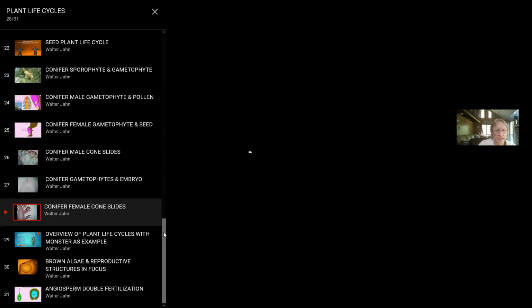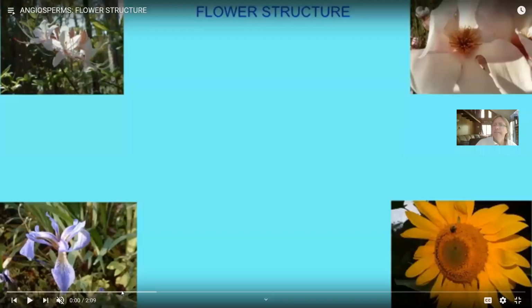The last plant to consider in this set are the angiosperms. Flowering plants are the dominant plants on Earth, but they're also seed plants. And like gymnosperms, their sporophyte generation is the dominant generation.